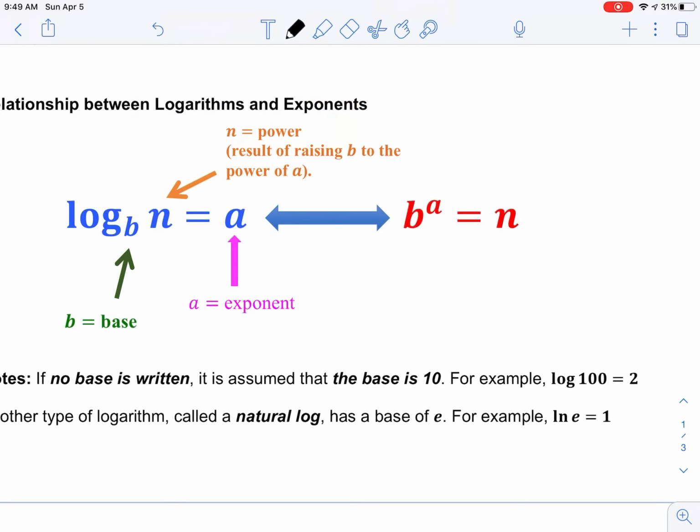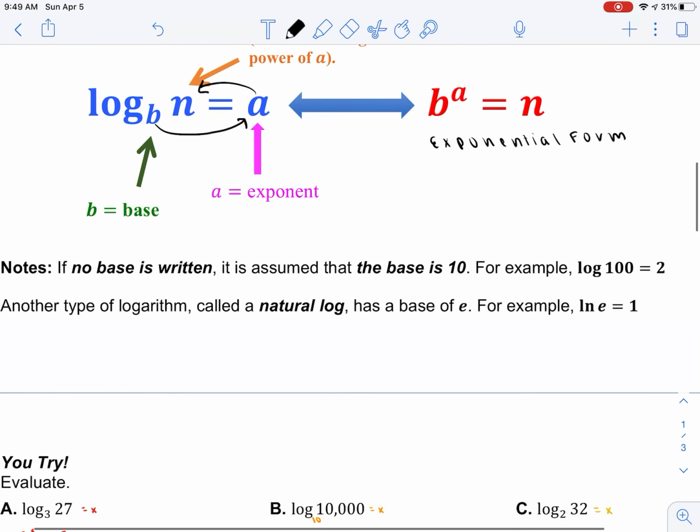So there it is, the equivalence, because again, using this idea of the circle of life, b to the power of a equals n. One of these is log form, and then on the right-hand side, this is what we call the exponential form. So you'll have to know how to go back and forth from one to the other.